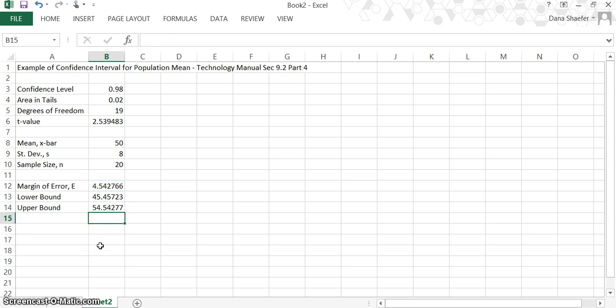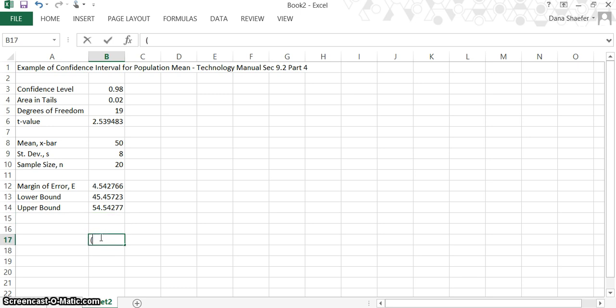Then we're going to say we've calculated the 98% confidence interval for the population mean, and now it's been computed as 45.46 to 54.54 with 2 decimal places.